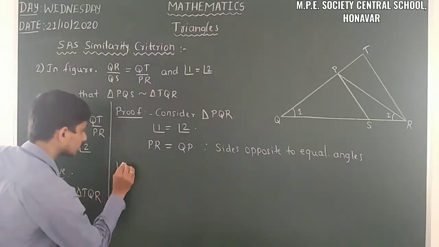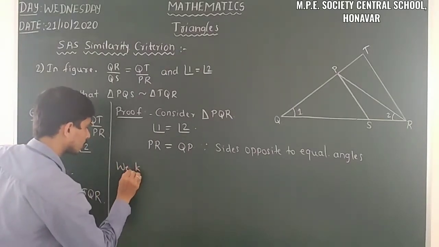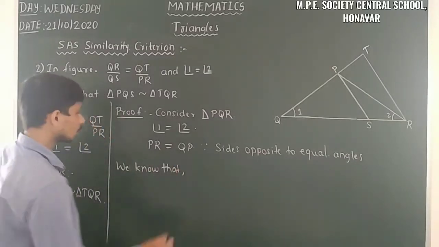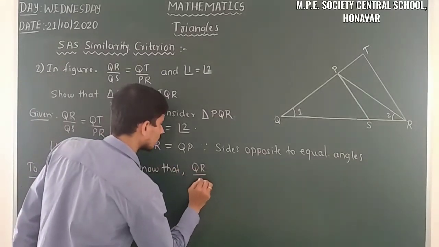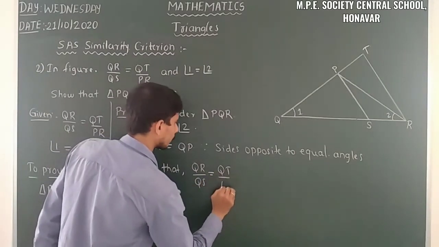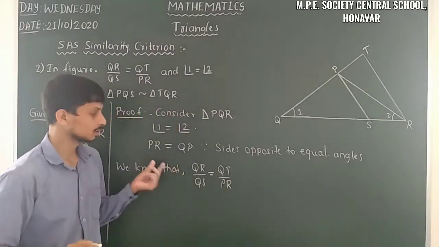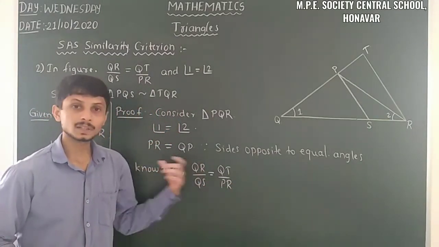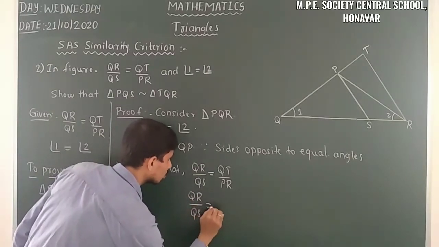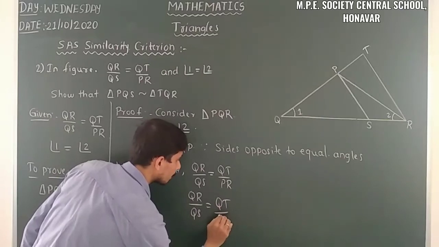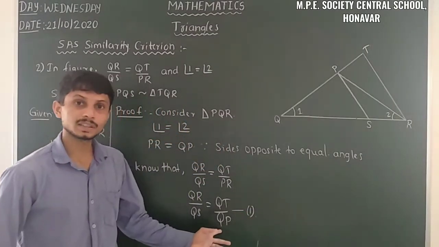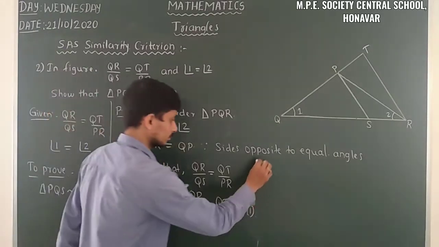We know that QR by QS is equal to QT by PR. So let us substitute QP in place of PR. That is QR by QS is equal to QT by QP. Here I am considering it as equation number 1.